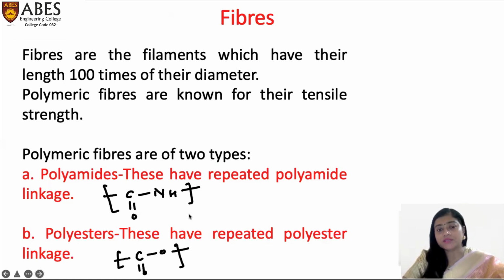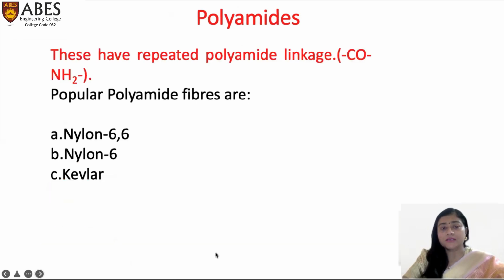So all the polymers which have this functional group repeated in them, we call polyamides. Second is polyesters. Similar to polyamides, these have repeated polyester linkage, that is C double bond O, ester linkage. So when we see this repeated linkage in any polymer, we call it polyester.